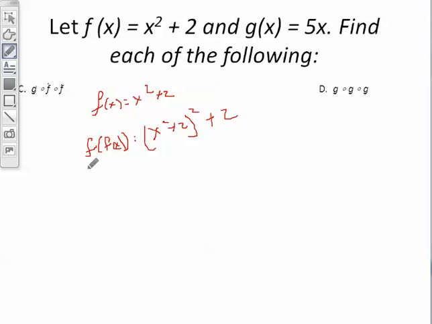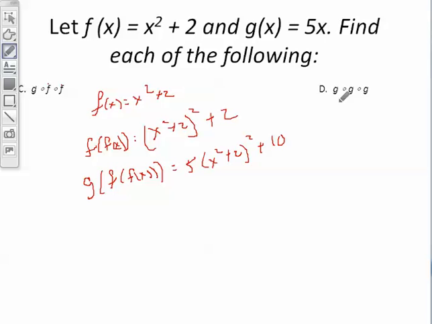Well, I got that. Okay, so g of f of x is going to be equal to 5 times x squared plus 2 squared plus 10. Wow, that is ugly, ugly, ugly, ugly. But that's the way you're combining them together.